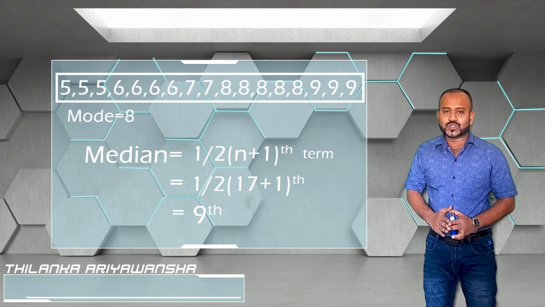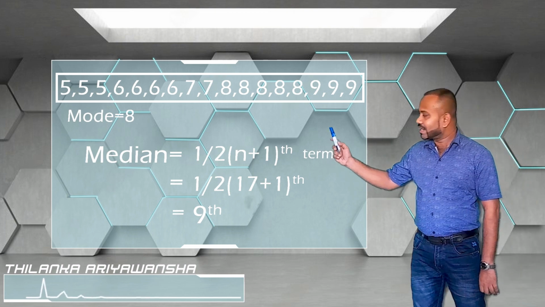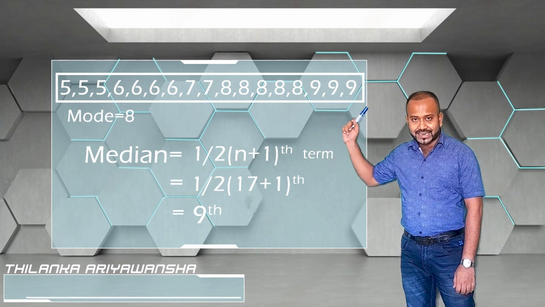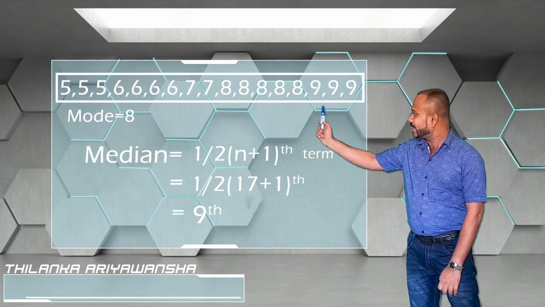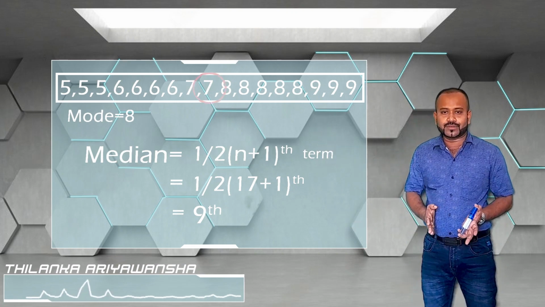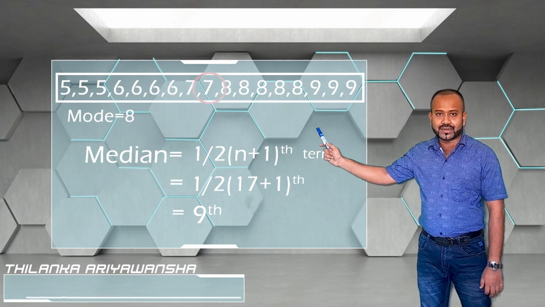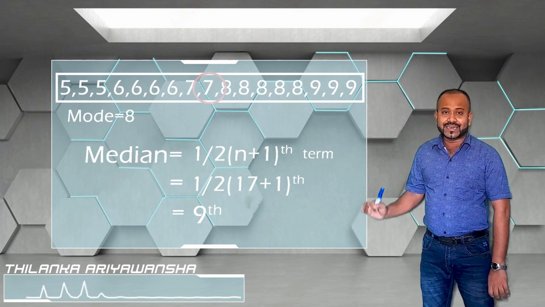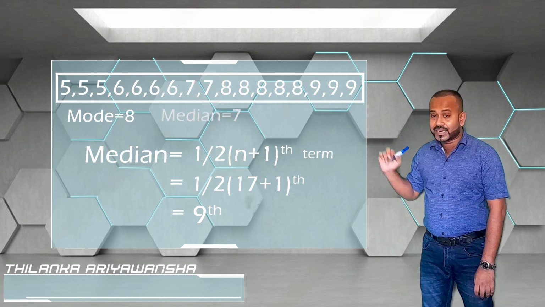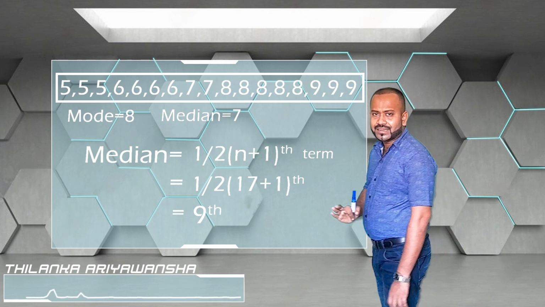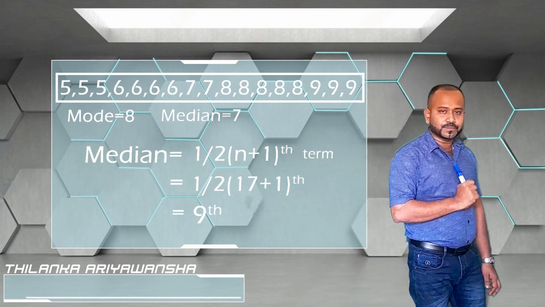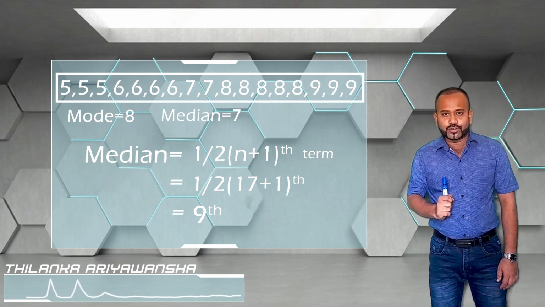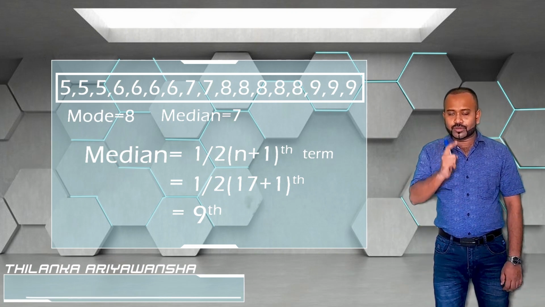When we simplify this, it is the 9th value, and the 9th value is 7. So the median is 7. Now, here is a place where children get confused, and that is what I am going to focus on.